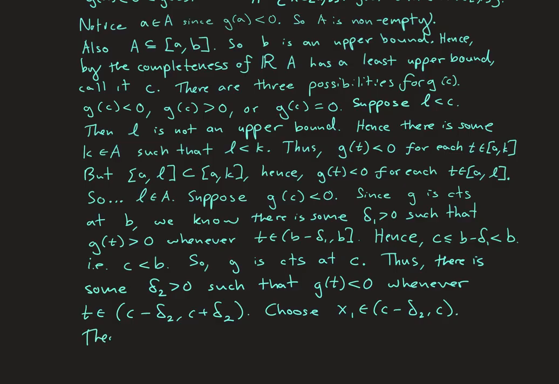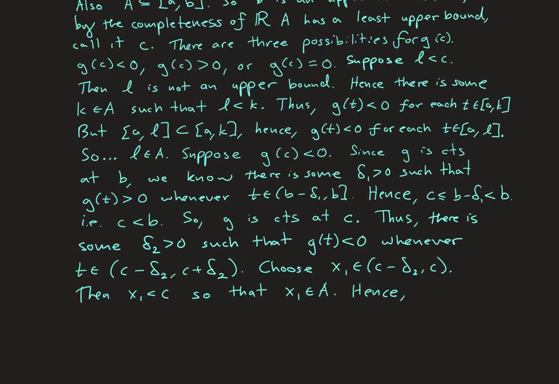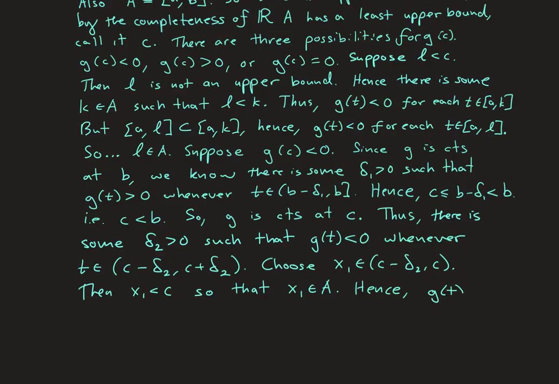Then, well, that number is less than C, and we just showed that if you are less than C, you are a member of A. But if you're a member of A, we know that g of t is less than 0, the defining property of being in A, for each t in the closed interval a to x sub 1.